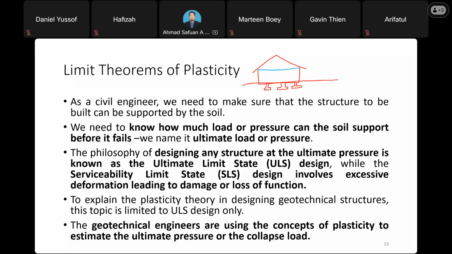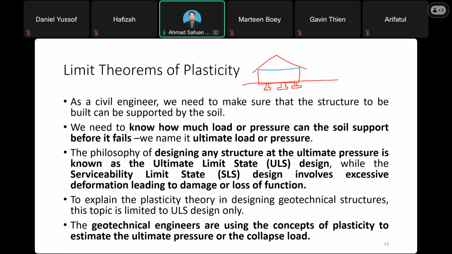It is also related to the comfort of the people who stay inside the building.